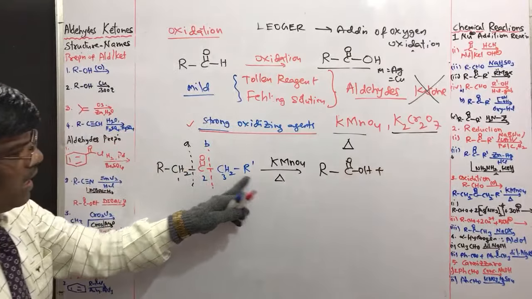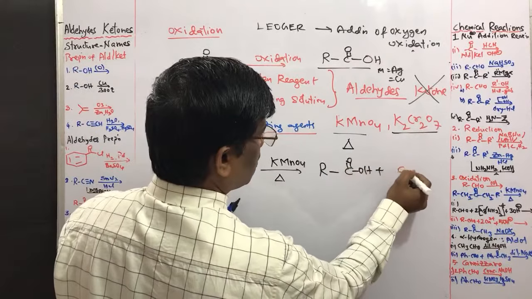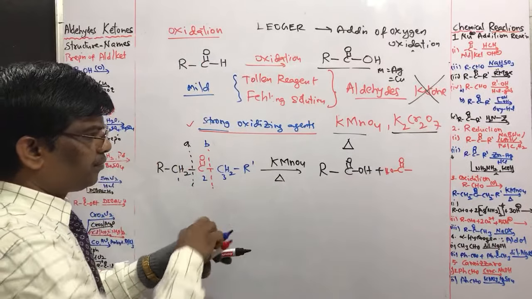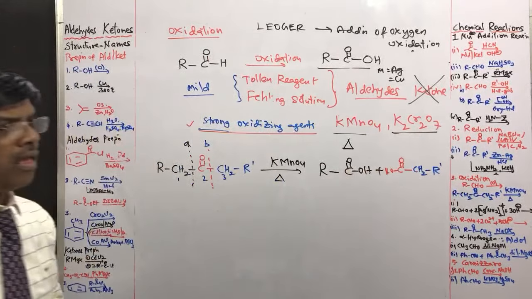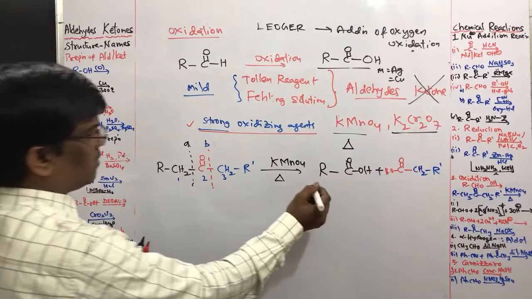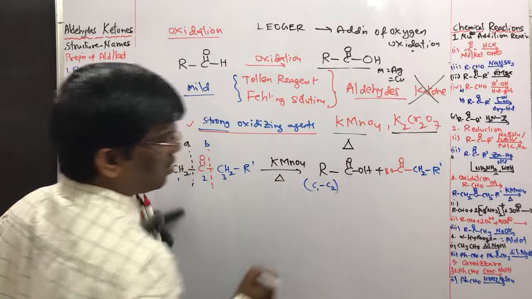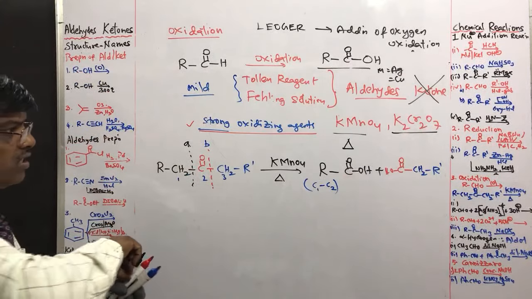And placing the remaining part, let us write from that side; it is going to have this acid, CH2, R prime. So this is the breakage of C1 and C2. At the same time, it can give a mixture of these compounds.